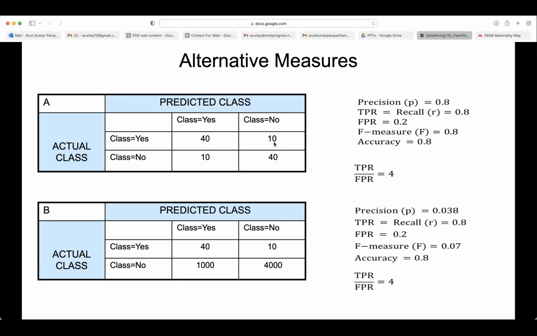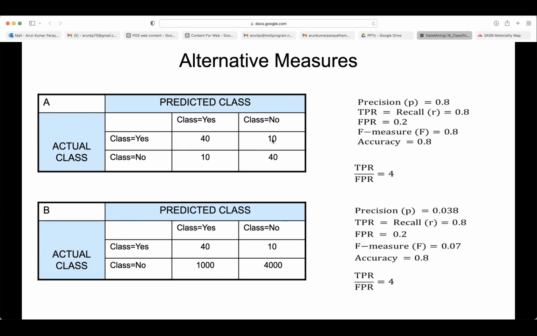So how many are real negatives in this? 40. Real negatives are 40. So what is the false positive rate here? You said false positive is 10 out of 50.